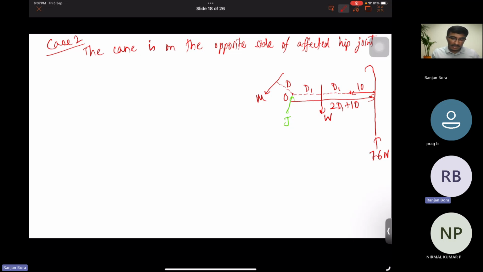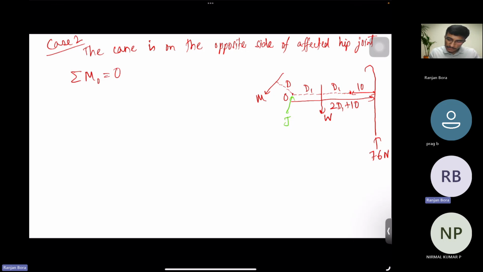Okay, now we'll take the moment equilibrium about point O. Summation. And here, again, we'll take clockwise moment positive.